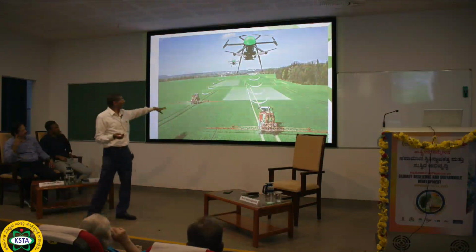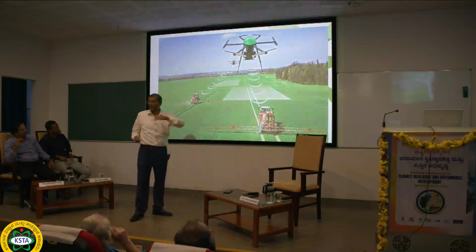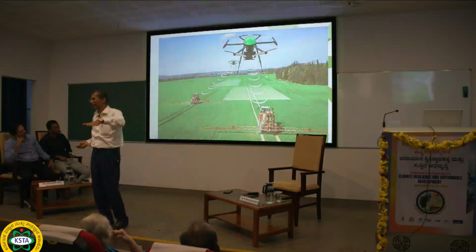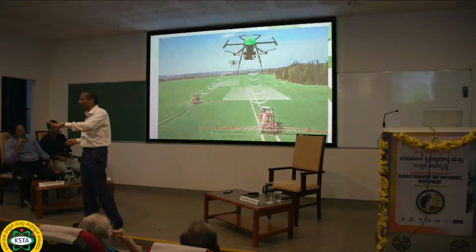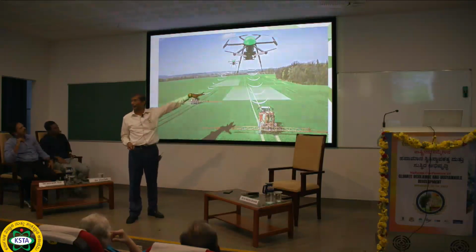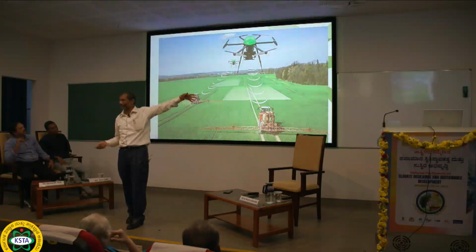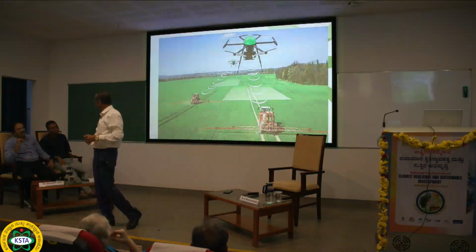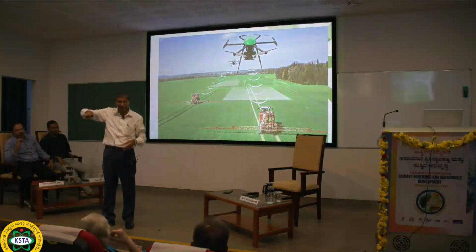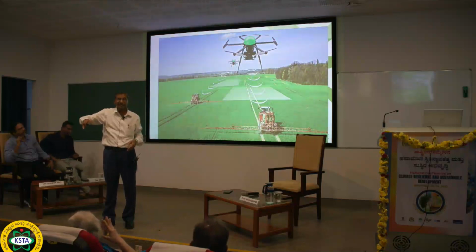You can use the drone to spray pesticides, herbicides, insecticides, micronutrients, and all that using a separate payload, which is not possible from the satellite. As Dr. Ganesh Raj was telling me earlier, they used to use the helicopter. Helicopter also was from a very great height. This is from a low height, 6 to 7 feet.